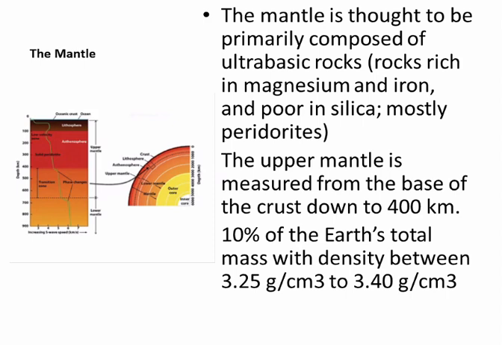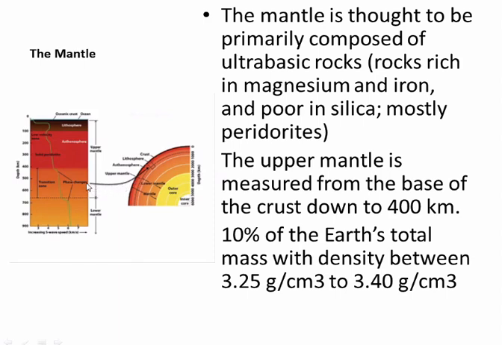For the upper mantle, it is measured from the base of the crust down to about 400 kilometers. You can see the upper mantle in this diagram. We have the upper mantle, we have the lower mantle.